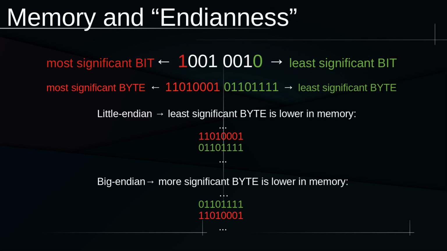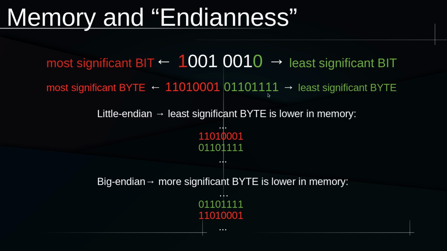The 5 is less significant than 10. It holds less significance. So 5 would be the least significant decimal, and 1 would be the most significant decimal in 15. And the same thing happens here with this byte. So least significant bit on the right side, most significant bit on the left side.